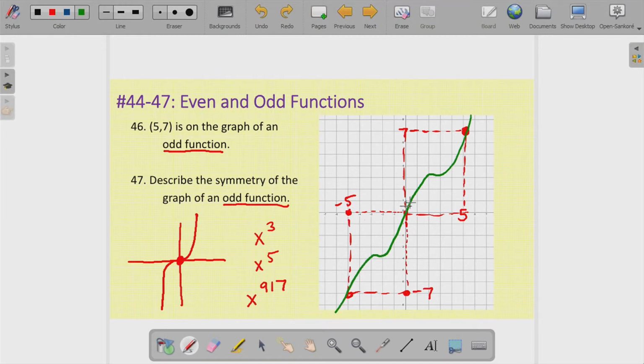This graph could look like many things, but we know that since it passes through the point whose coordinates are 5 and 7, it must pass through the point whose coordinates are -5 and -7 because it's an odd function. So again, as John did, I'll write out my response to question 47: the graph of an odd function is a graph that has symmetry with respect to the origin.